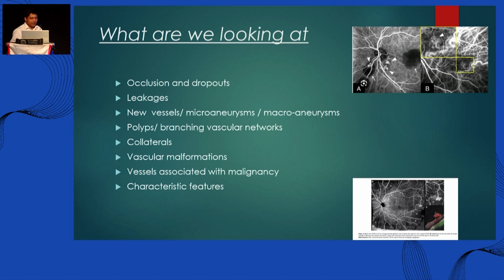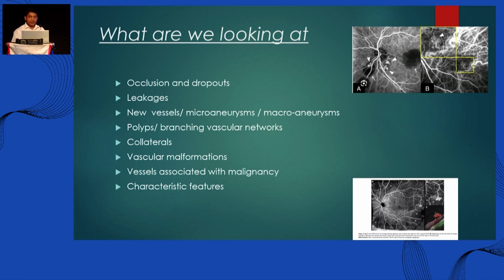So what are we going to look at in imaging? We want to see whether there are any occluded vessels and dropouts, or any vessels which are leaking. Do you see any new blood vessels, microaneurysms, macroaneurysms, or findings specific to certain diseases, like polyps? You always want to differentiate whether they are collaterals, IRMA, or new vessels.